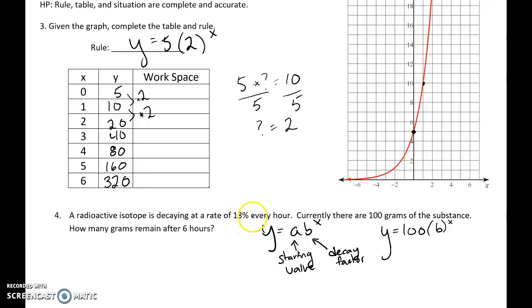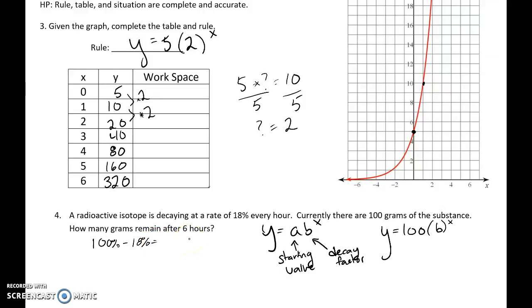Now, if something's decaying at a rate of 18% every hour, that means 18% is not there the next hour, which means we're left with a certain percent. And the way we figure out that certain percent is we take the 18% away from 100.